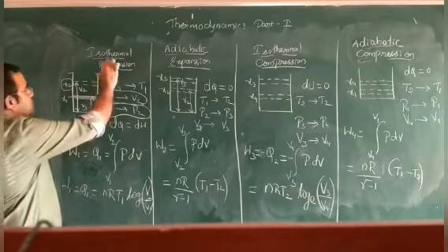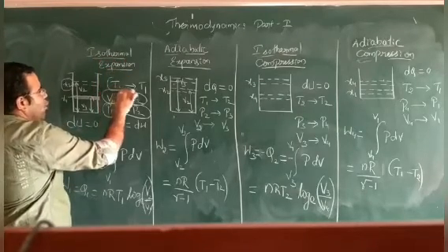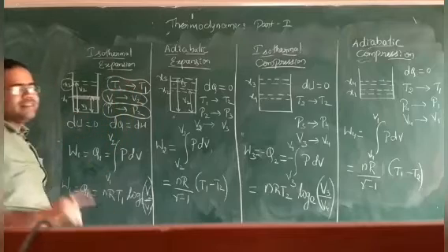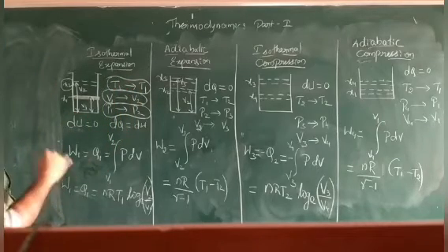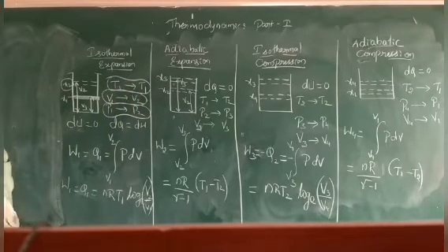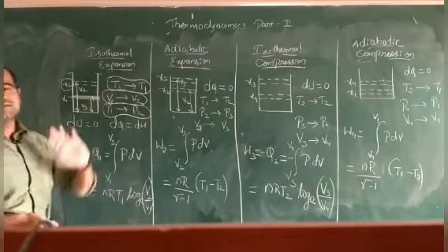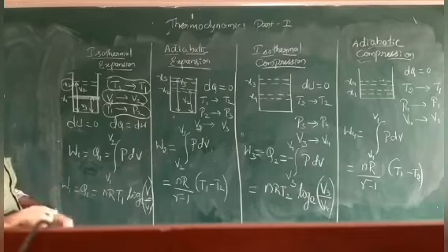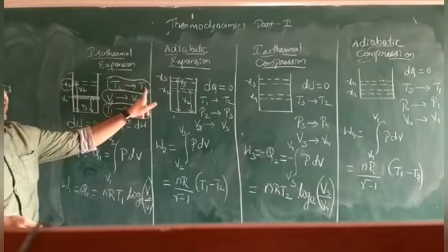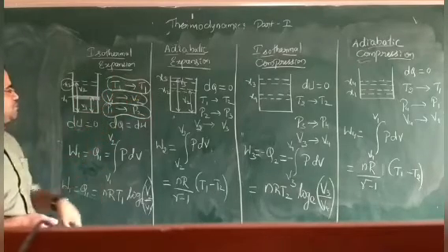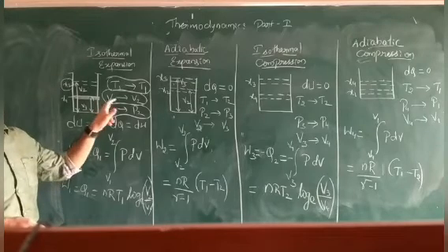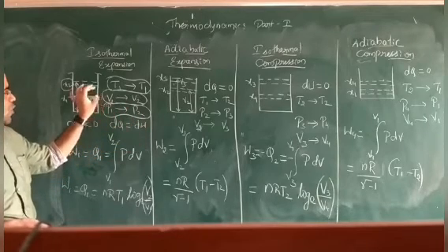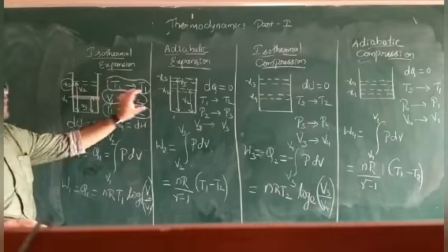Whereas in the isothermal process, the temperature remains constant. Because in isothermal, the temperature is constant. So T1 remains T1 only, whereas pressure is changing from P1 into P2, and volume is changing from V1 into V2.